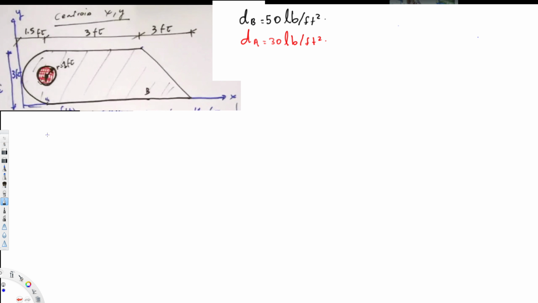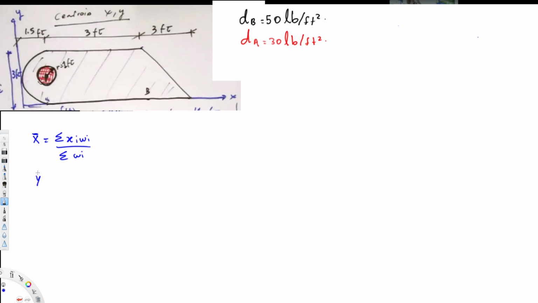First of all, we have to know the equation for the centroid. Since the density is provided, we can calculate from this, and it's going to be related with the weight. So the equation for x bar related with weight is sigma xi wi over sigma wi, and that's going to give us the x bar.